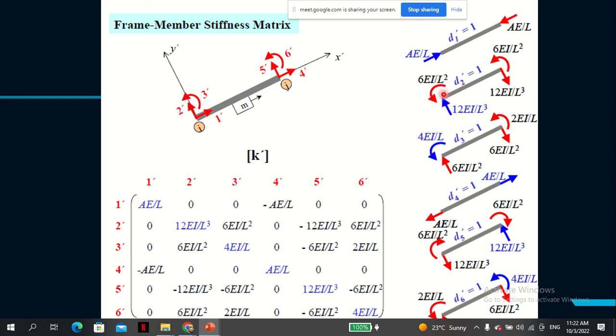For the second one, this amount we have applied. The rest are reactions. For the third one, this is what we have applied. So when we reach the third one, we have exhausted all the degrees of freedom in the first node. Then in the fourth one, you can see we are applying the unit displacement in this direction.